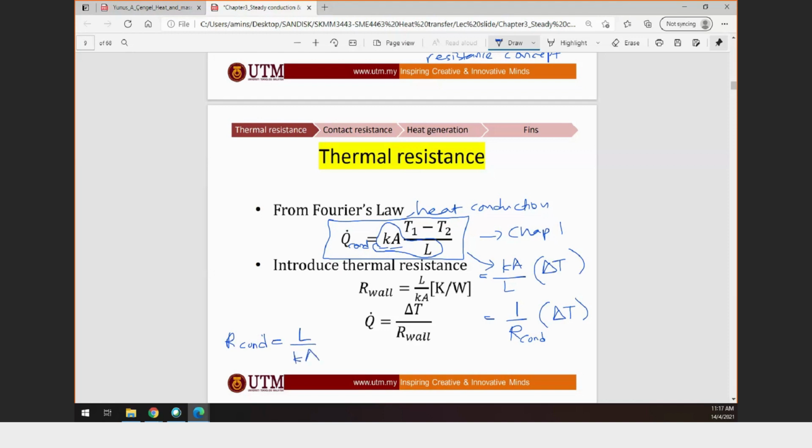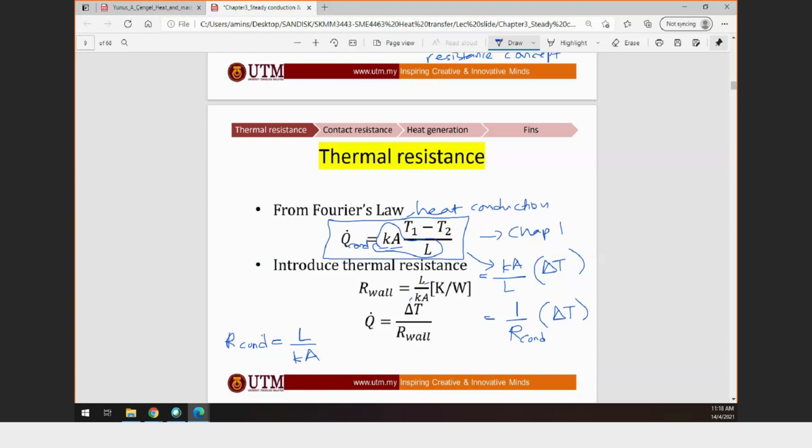Okay, because this resistance is the parameter that influences the conduction transport. So this conduction resistance is due to the thickness, the thermal conductivity, and the area of that particular system.